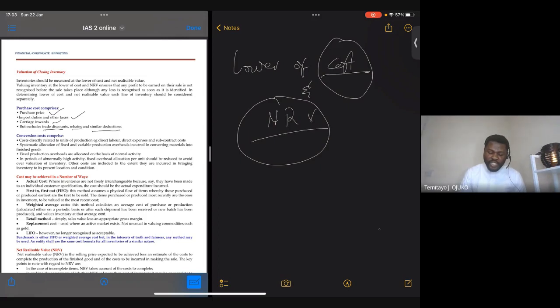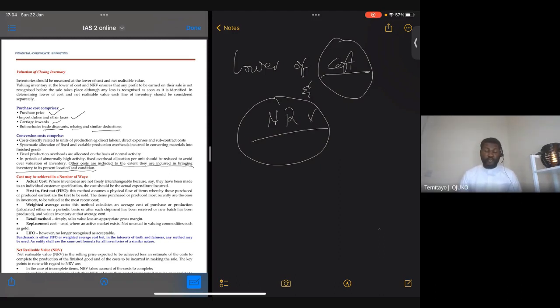Now, please take note of this. Other costs are included to the extent that they are incurred in bringing inventory to the present location and condition. Kindly take note of that. Because an examiner can come in and just twist the question, trick it a bit, and tell you some costs that was probably incurred that does not relate directly to this inventory, then at that point, you shouldn't be adding it.